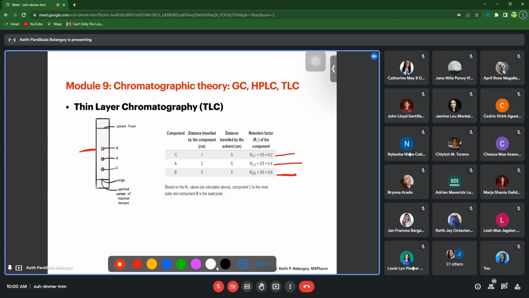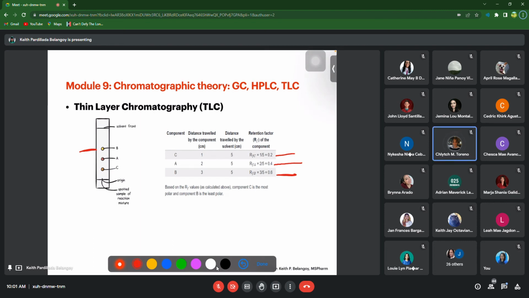Polar or non-polar? Non-polar, Miss. Polar. Ay, polar. Sige. Is it polar or non-polar? The one that traveled the shortest. Polar, Miss. Polar. Sorry.